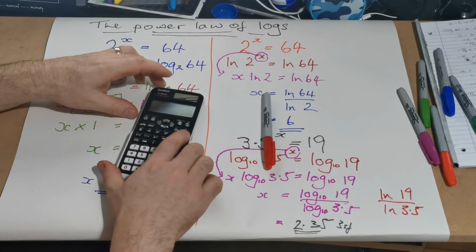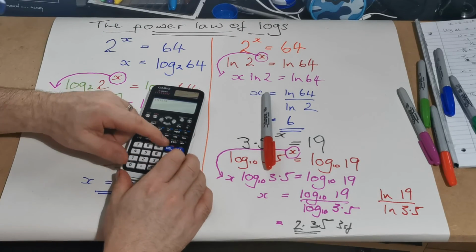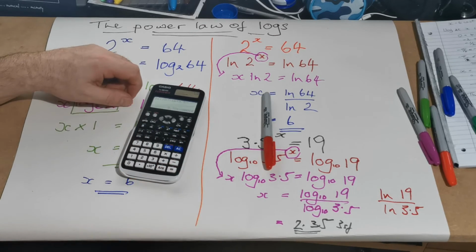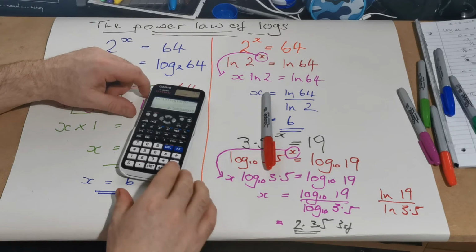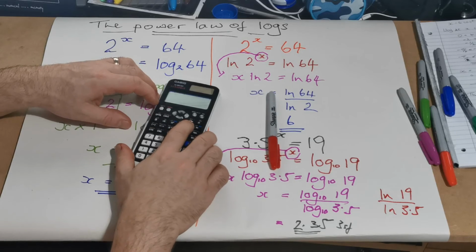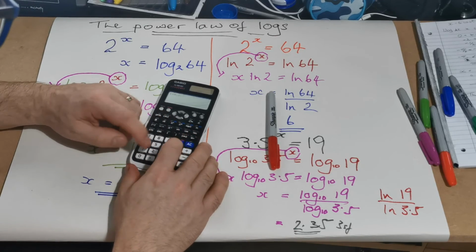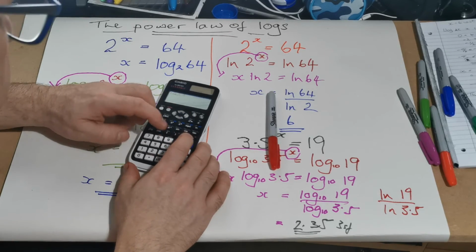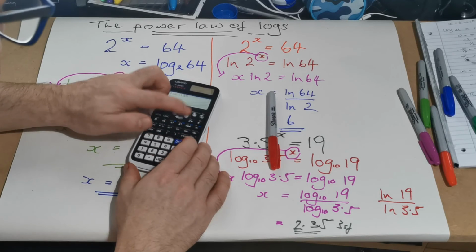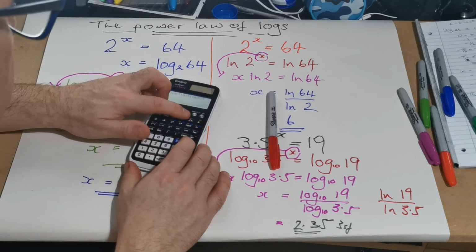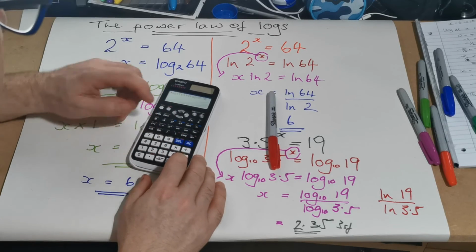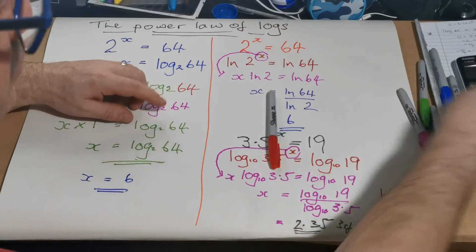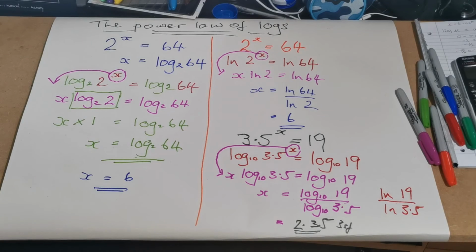Let's have a look at that. ln 19 divided by ln 3.5 again equals 2.35, or maybe if I'd use log to the base 2, log to the base 2 of 19, divided by log to the base 2 of 3.5, again 2.35. So it really doesn't matter what base log you're putting in.